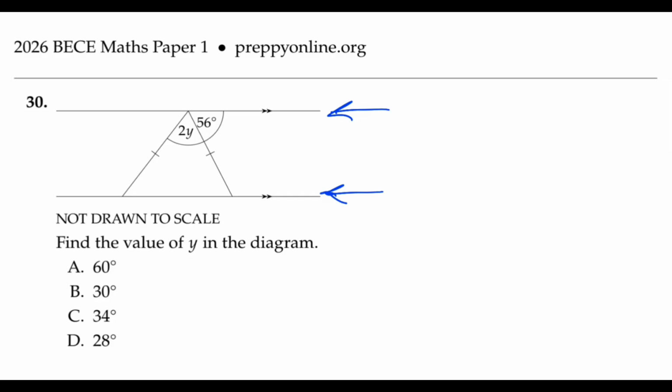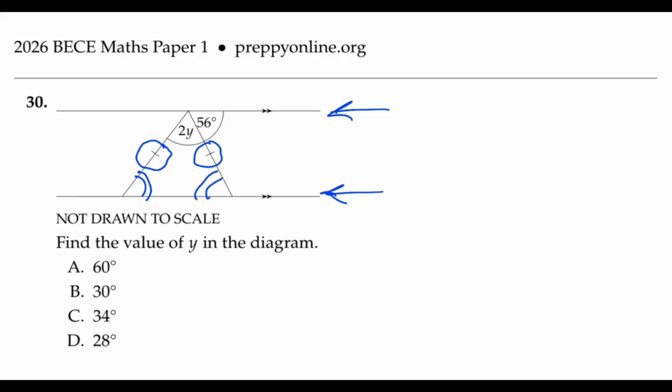So we want to find y. And how do we do it? Well, we have a hint here. These two marks on the triangle show that the two sides of the triangle are equal. That means that this angle is equal to this angle.